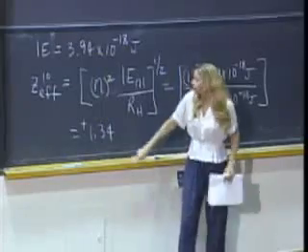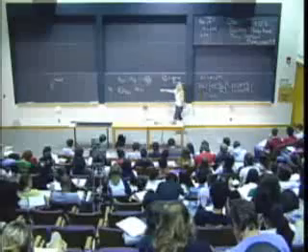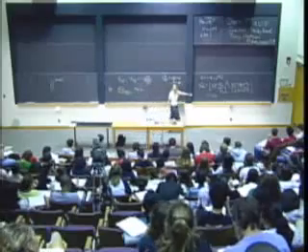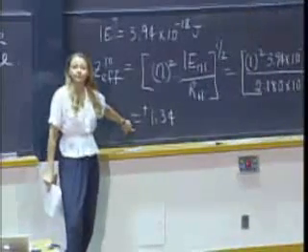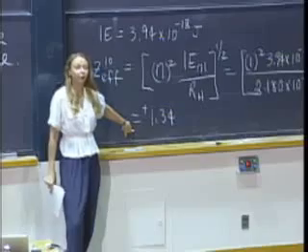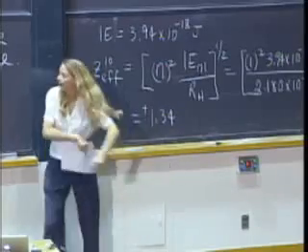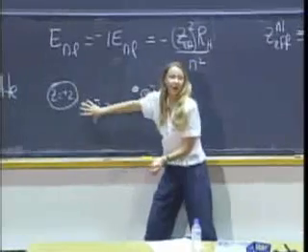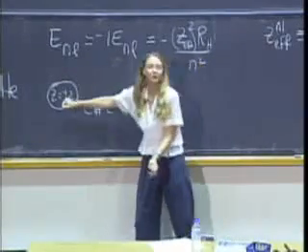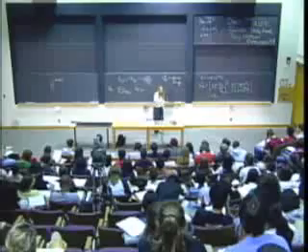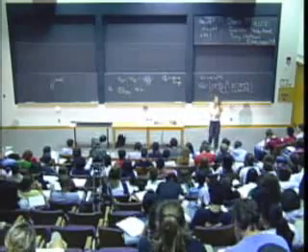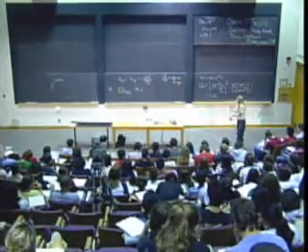Okay? So the charge on the helium nucleus is +2, but the effective charge for those electrons in helium is less than that. It's 1.34. Why? Because on the average, there is another electron in between that electron and the nucleus, and so the full nuclear charge isn't experienced. That's the effective charge. Okay.